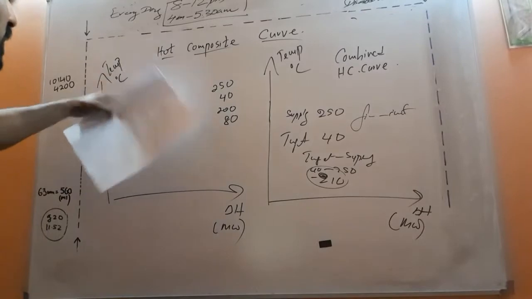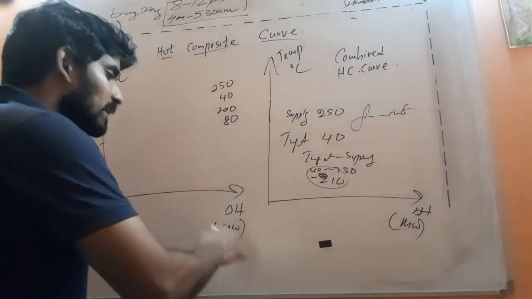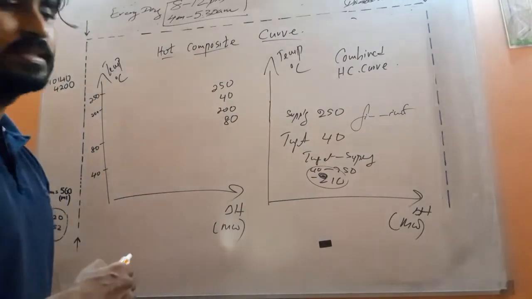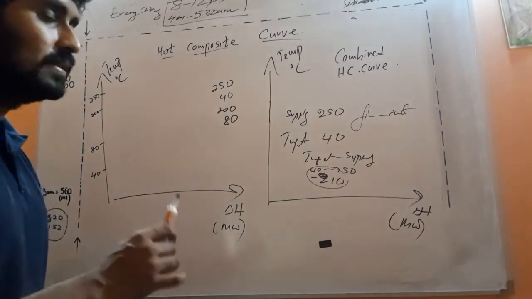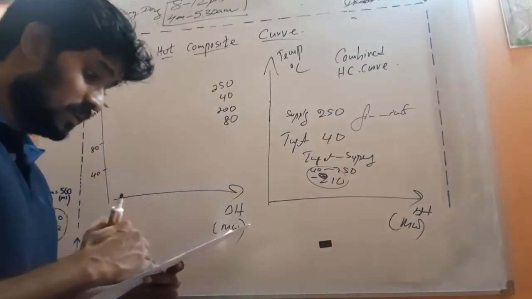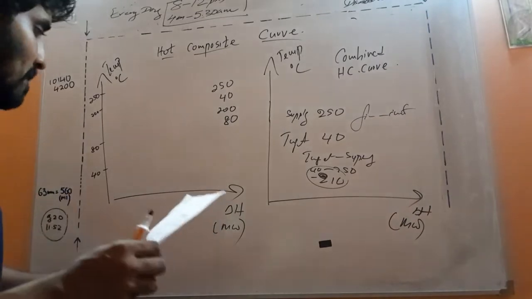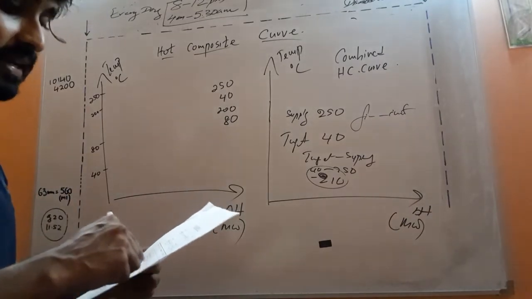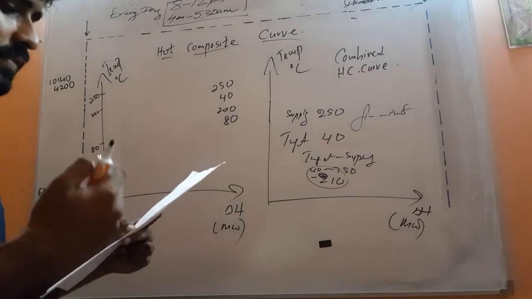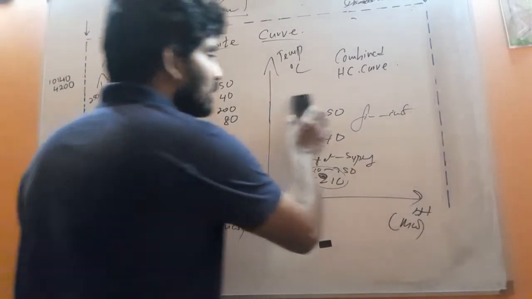So for the processes that we are going to consider on the hot composite curve, the delta H value for such processes is considered with the negative sign. That means for the hot process which is 250 to 40, the delta H value is already given, which is 31.5, but in some problems they will not give you the sign.